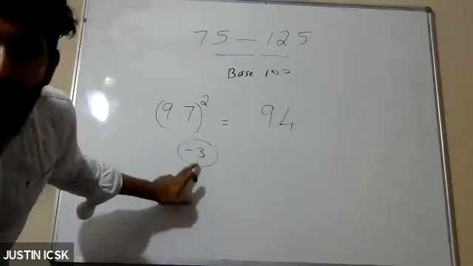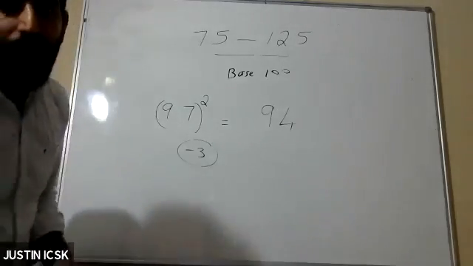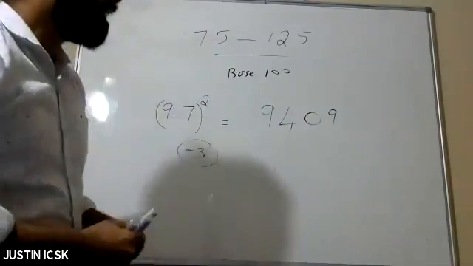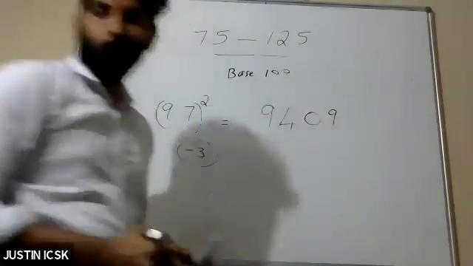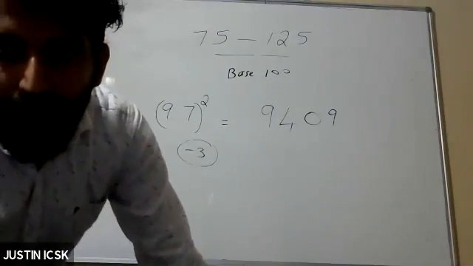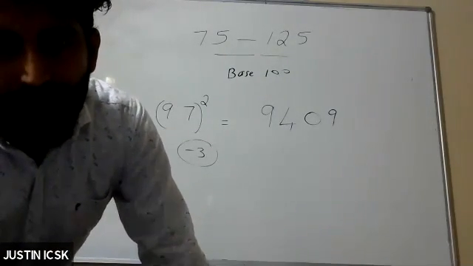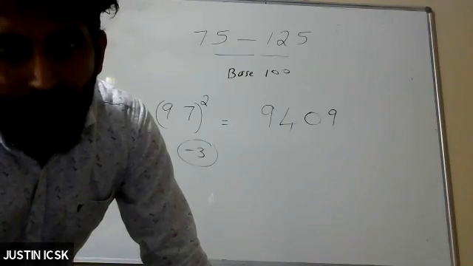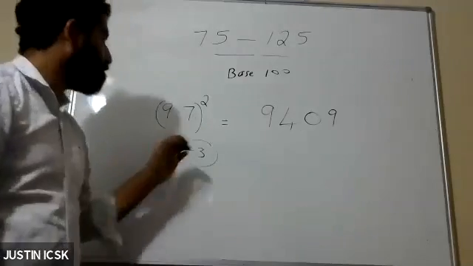Now 3 square is 0, 9. Your answer is 9409. Okay. So it's very easy.